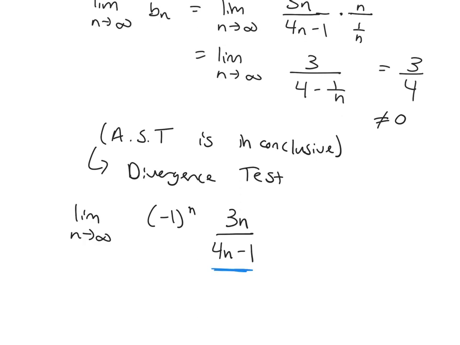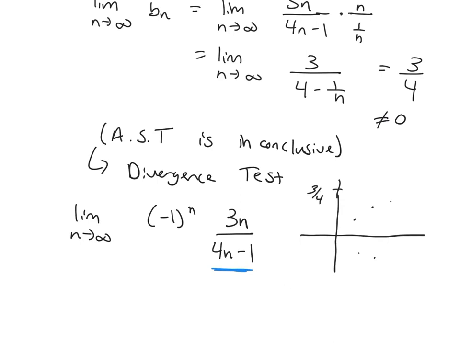So here's where we're going to have to think about our sequence as like a list of numbers, okay? And remember, it's alternating. Every other term is positive, then negative, positive, then negative. All of the positive ones want to go to the number 3/4 because the limit of the part I've underlined is 3/4.